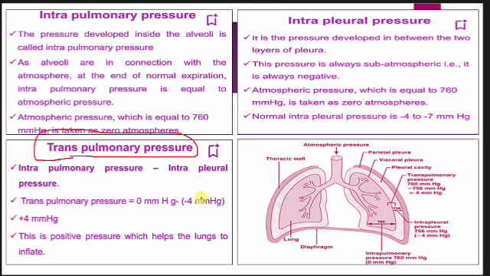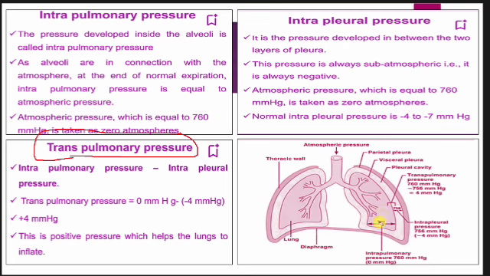So, when we are talking about transpulmonary pressure, we are looking at the intrapulmonary pressure. The intrapulmonary pressure is found where? Inside the lungs. Fantastic. Intrapulmonary pressure.